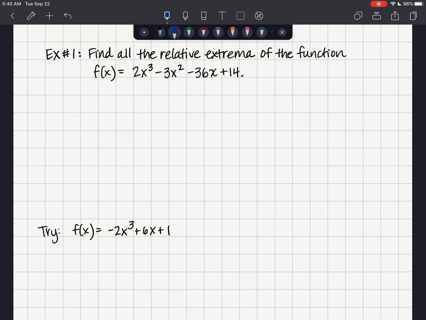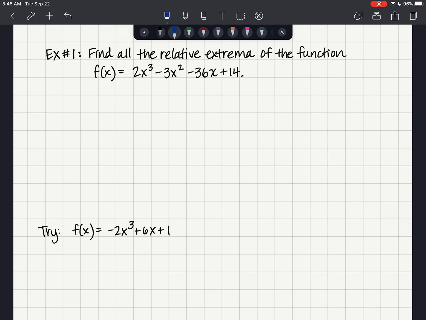And this polynomial function doesn't have any overall maximum or minimum values, because in this case the left side falls and the right side rises. But in between that falling and rising, we've got our maximums and our minimums.